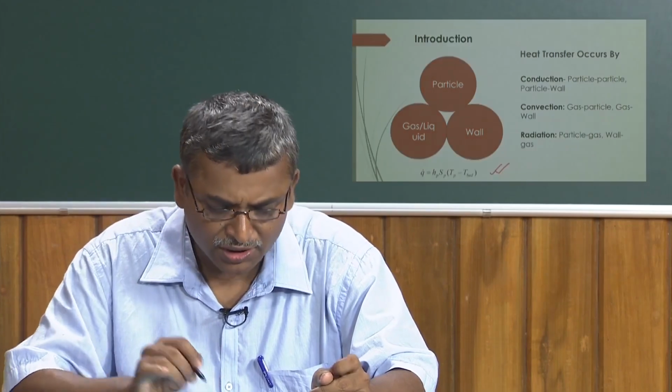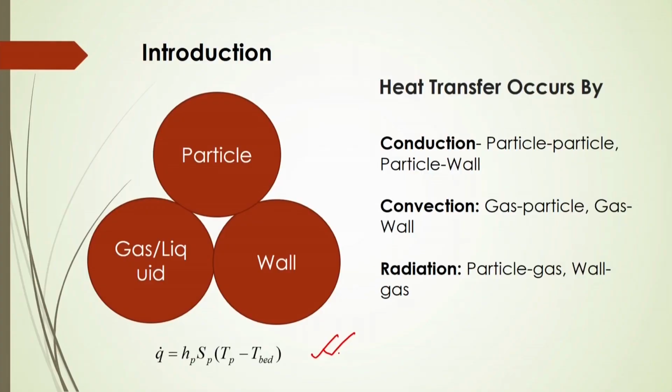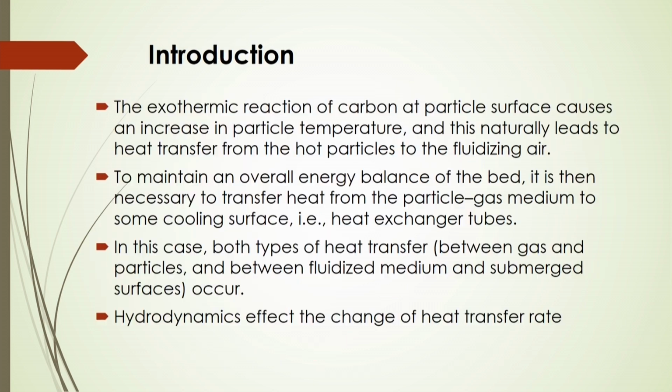So, by this equation, this is the basic equation, you can calculate what will be the rate of heat transfer there, but it is not conduction, it is called the convective heat transfer, and radiative heat transfer will also be there, that will be considered later on.